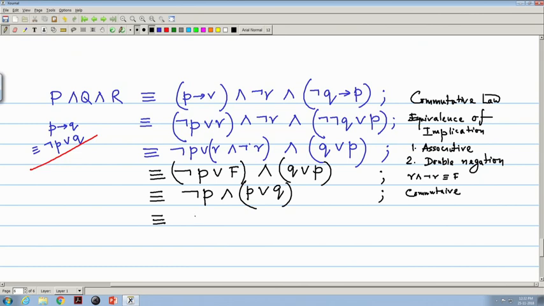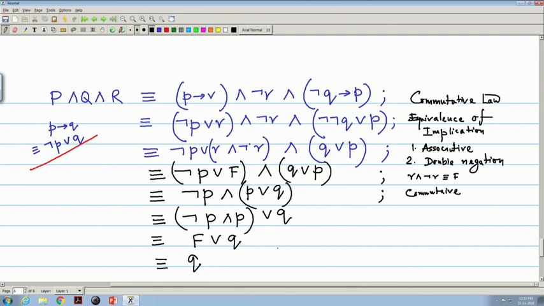So, this becomes again associative: negation p and p or q. Just now we have used that negation p and p is F, F or q. So, this is equivalent to q.